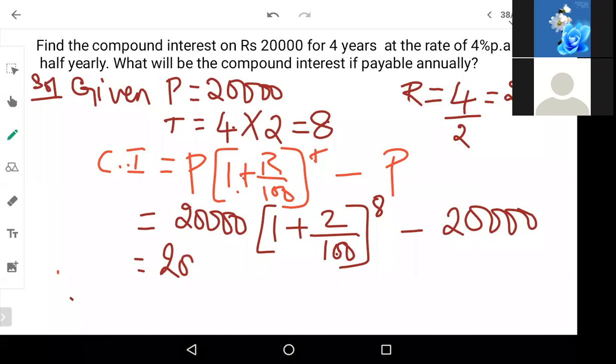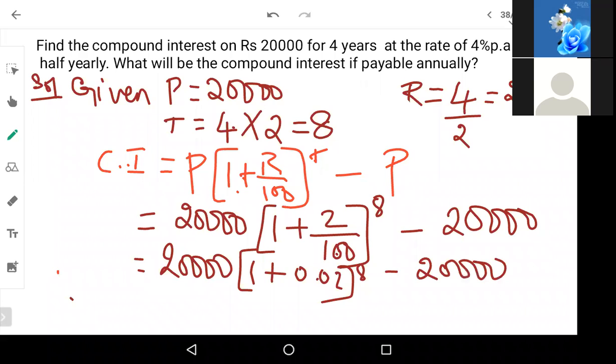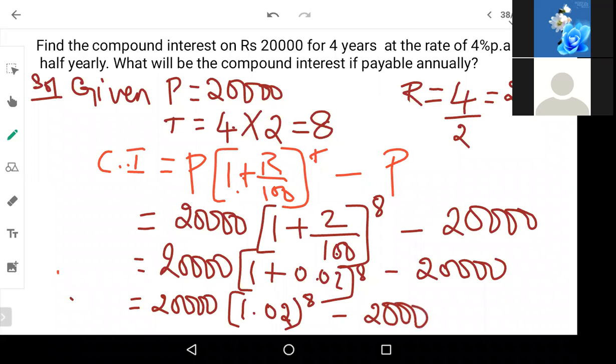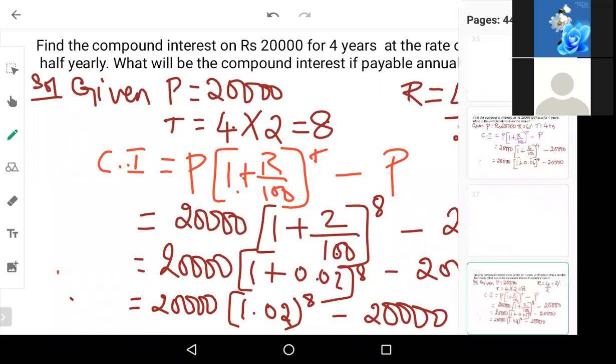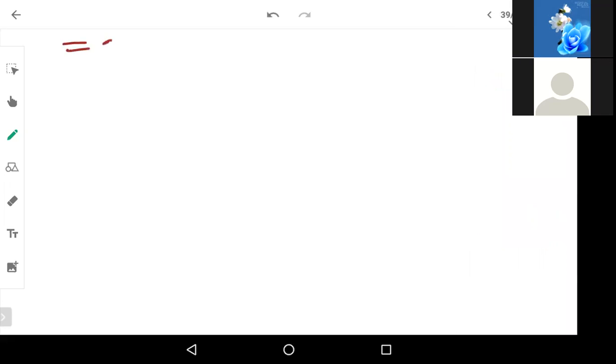So 20,000 into 1 plus 0.02 to the power 8 minus 20,000. 20,000 into 1.02 to the power 8 minus 20,000. Now find out 1.02 to the power 8. Multiply 1.02 8 times: 1.02 into 1.02 like this into 1.02.